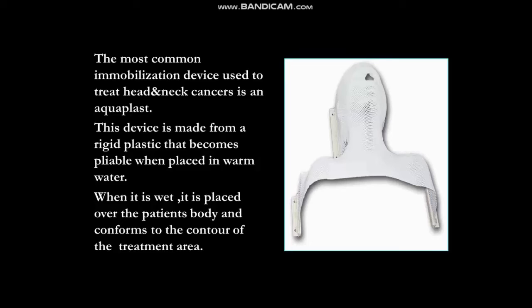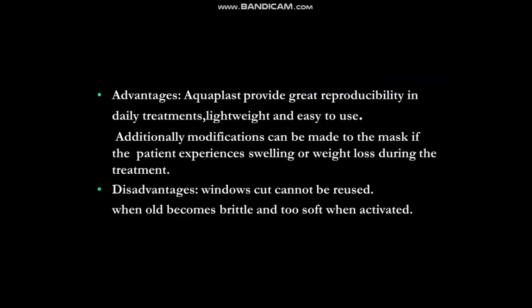The most common immobilization device used to treat head and neck cancer is an aquaplast, as you can see here. This device is made from a rigid plastic that becomes pliable when placed in warm water. When it is wet, it's placed over the patient's body and conforms to the contour of the treatment area.